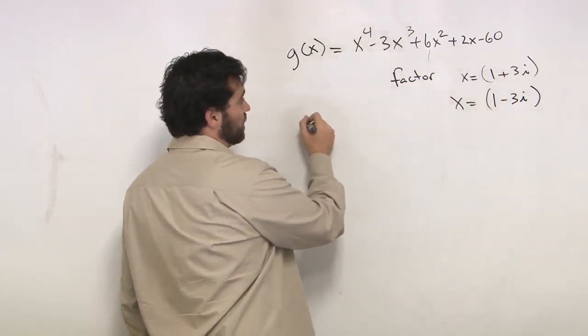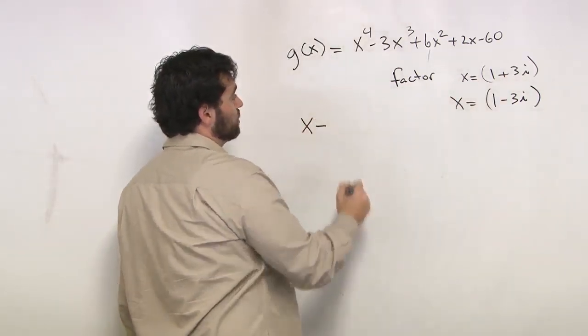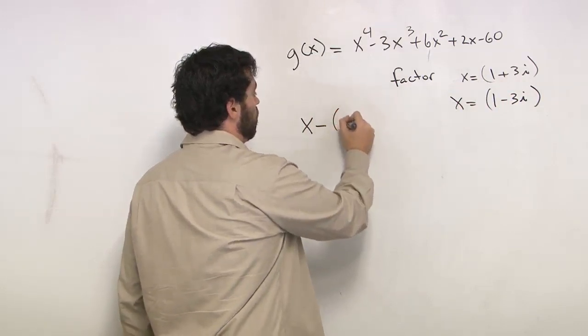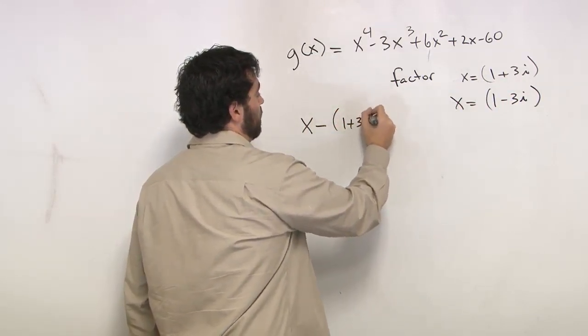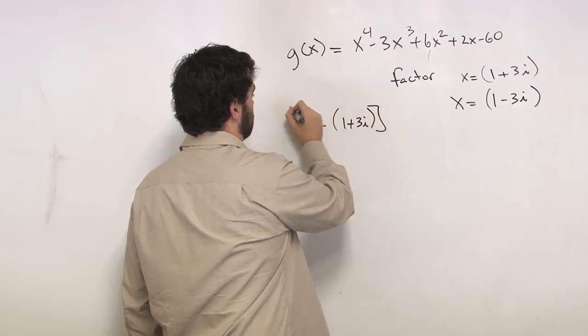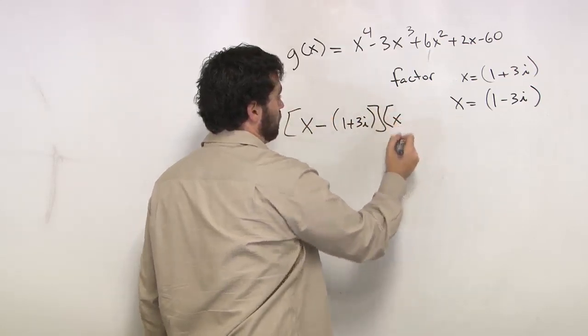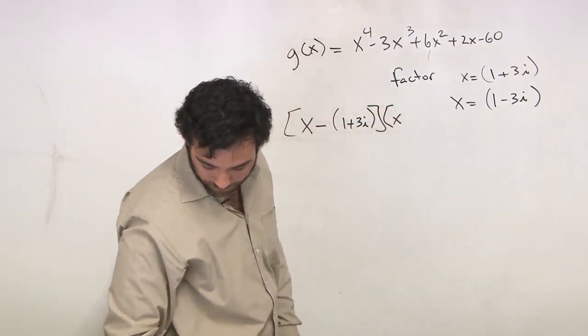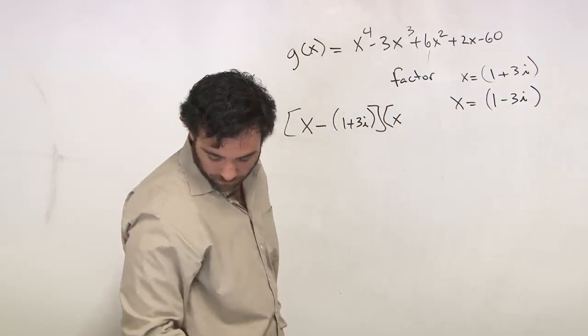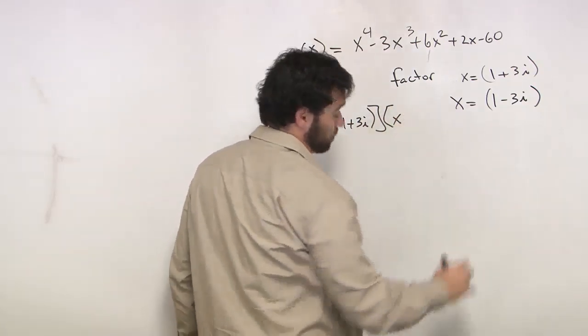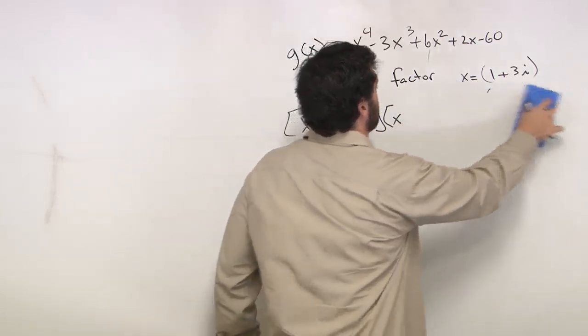That tells us that we're going to say x minus (1 plus 3i), and then x minus (1 minus 3i). So let me erase this to give us a little more room.